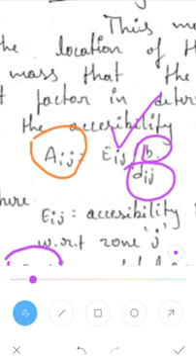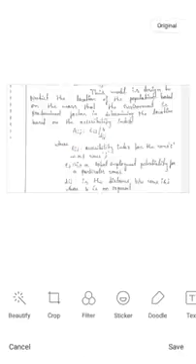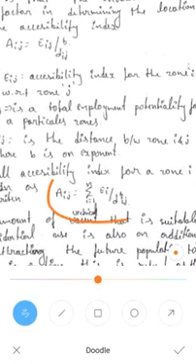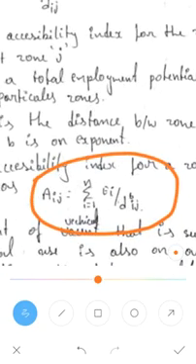So the overall accessibility index for any zone is Ai equal to the summation from j equal to 1 to n of Ej divided by Dij to the power of B. That can also be rewritten in this form.